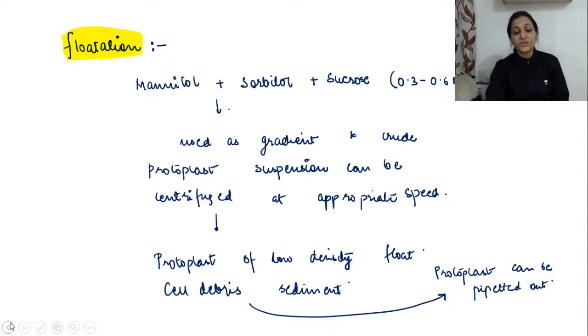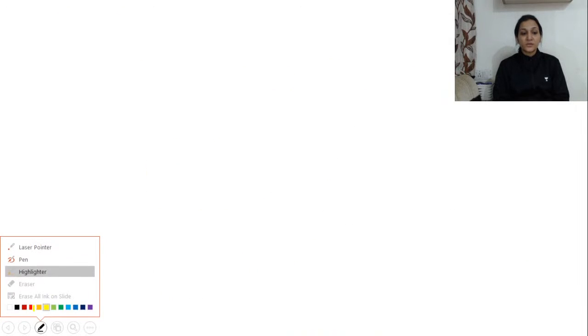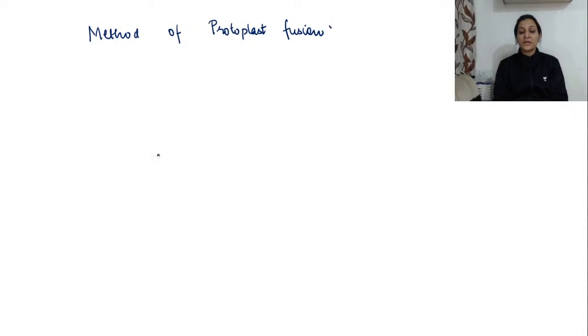Now coming to the point, how to fuse these protoplast. Let me take the pen. So the method of protoplast fusion. Protoplast fusion can be classified into two categories, that is spontaneous fusion or induced fusion.